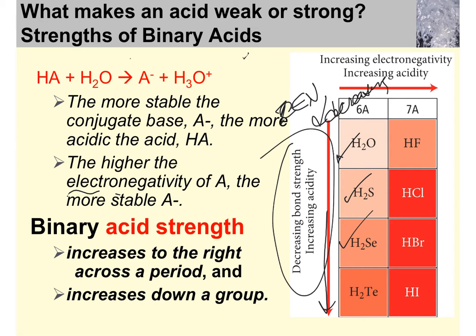So wouldn't that mean that they're becoming less acidic? Yeah, right? Because the less electronegative, the less stable the anion, less acidic.